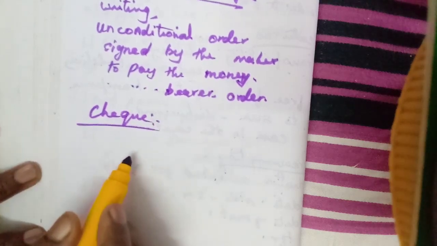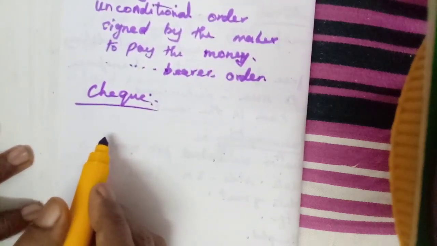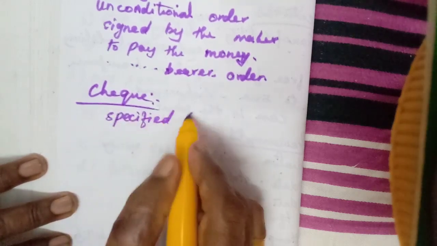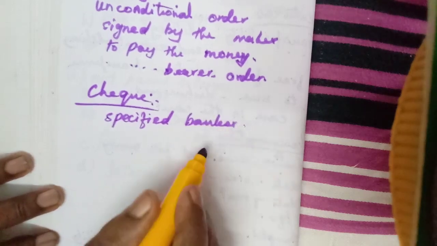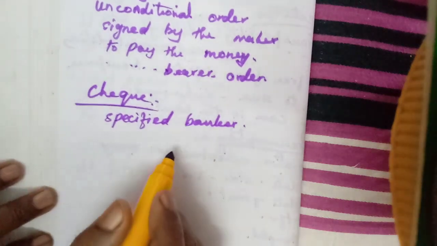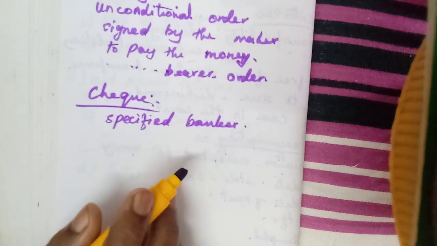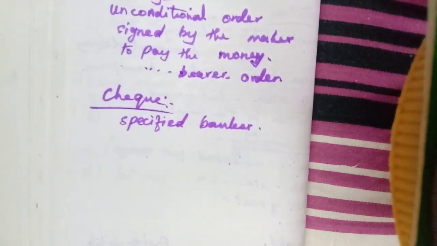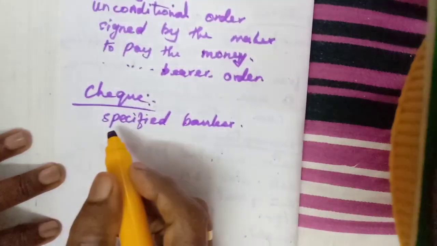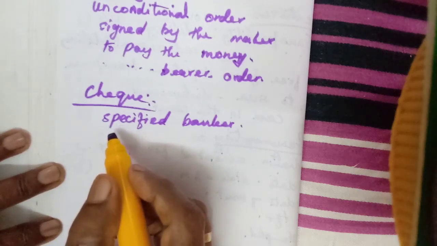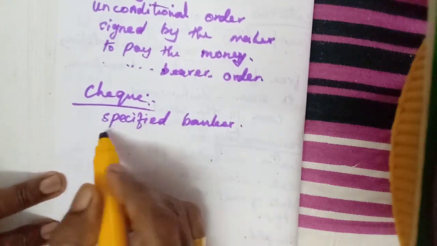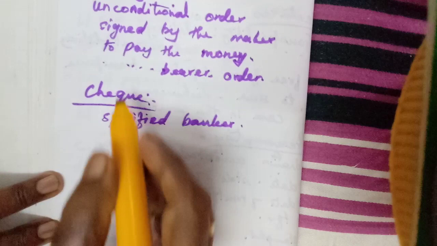What are the differences? Here, a check is drawn on a specified banker. A check will be drawn on a specified banker to pay the amount, not to another person.